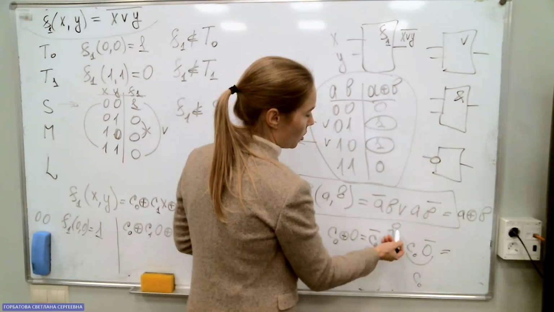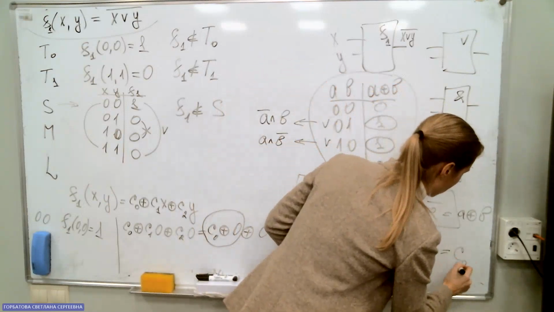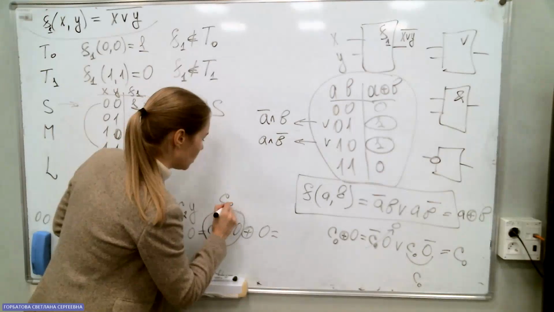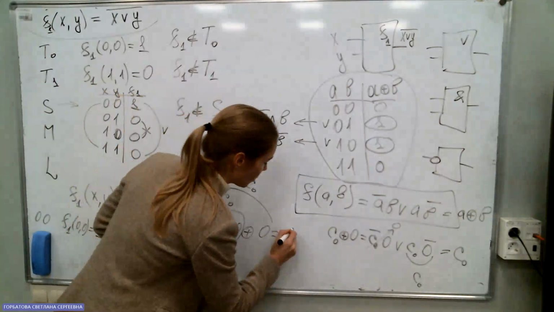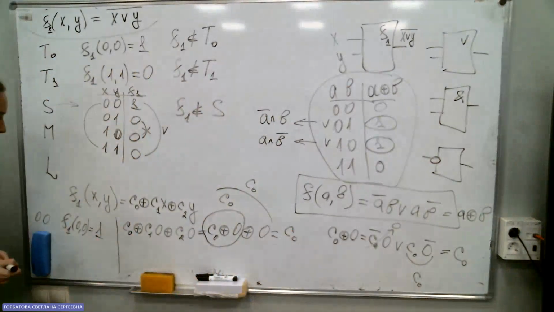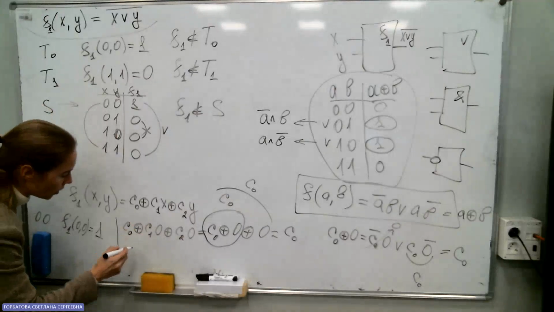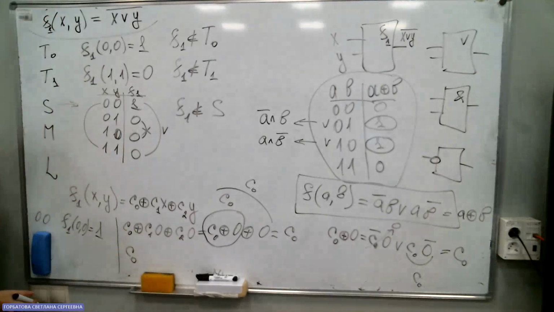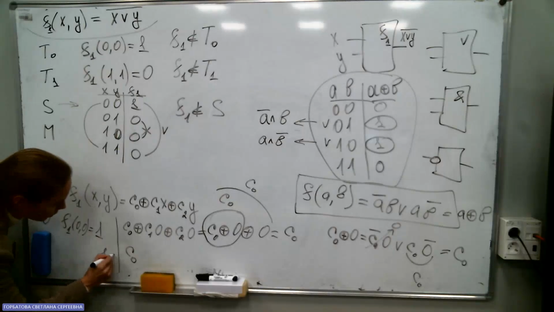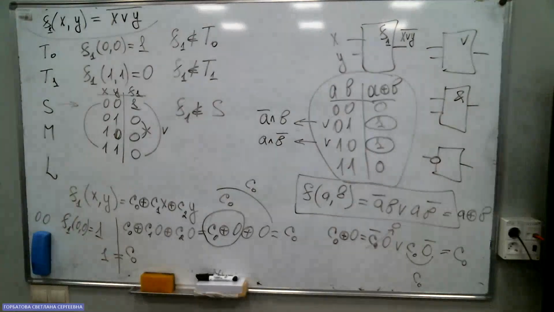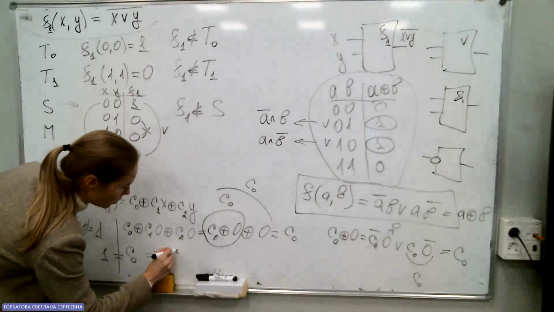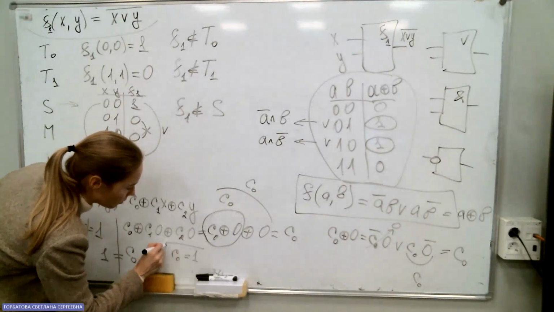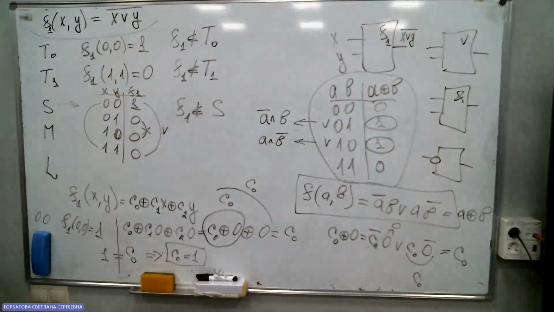The disjunction of 0 and C0 is C0. So this is C0. It means that on the right side C0, on the left side 1, so C0 equals 1.